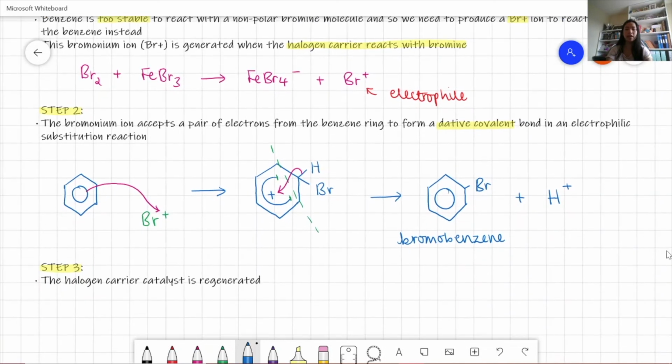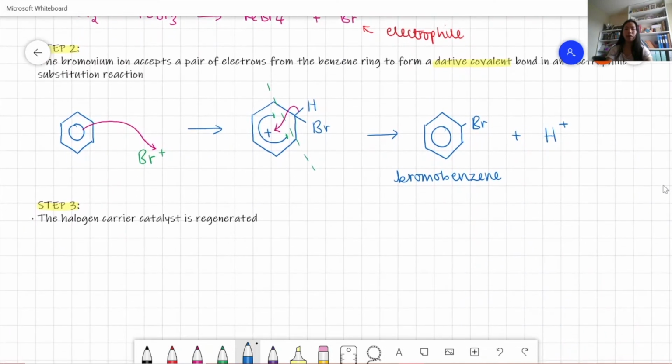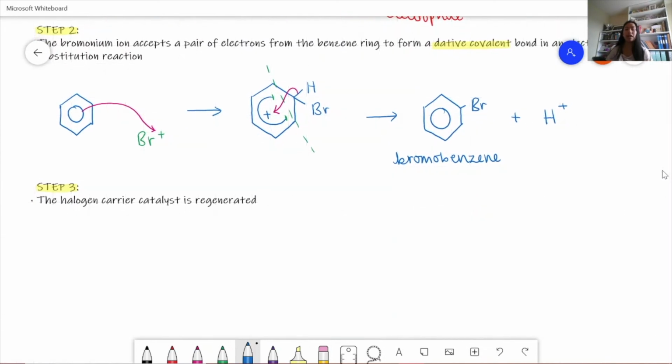For step 3, we then have to remember that the halogen carrier is actually a catalyst, and so it doesn't get used up in the reaction, and so we have to regenerate it at the end. So how we do that is we take the H plus that we formed from the substitution reaction in step 2.